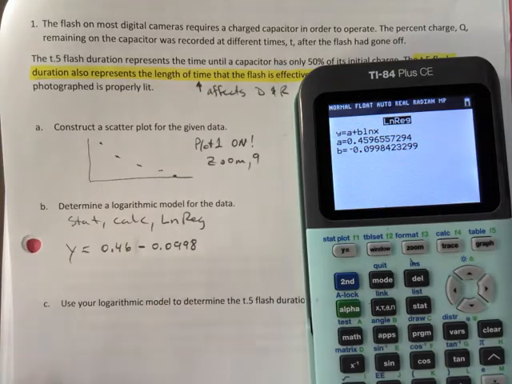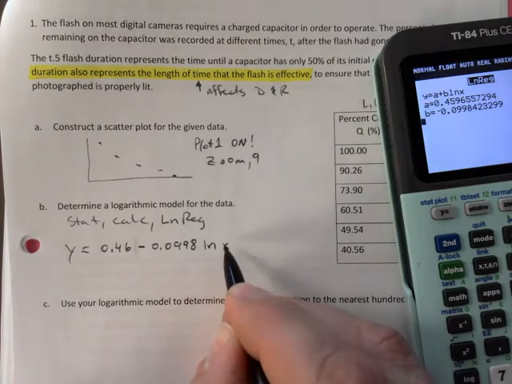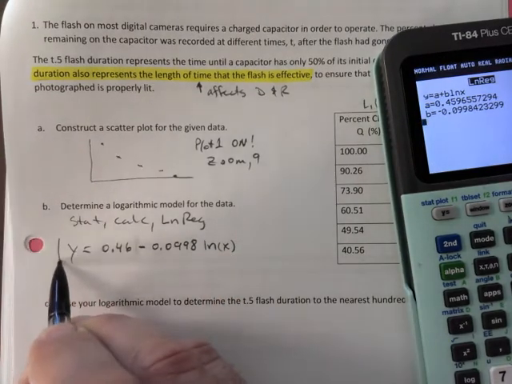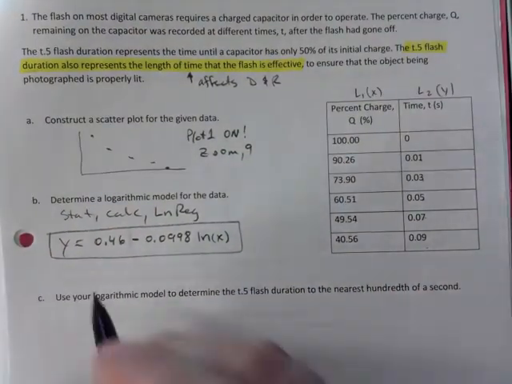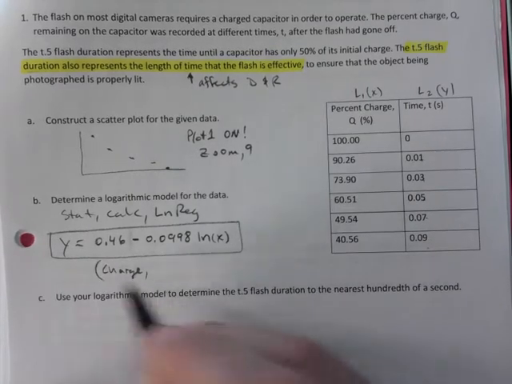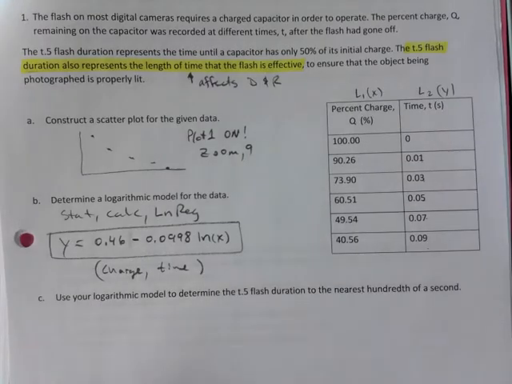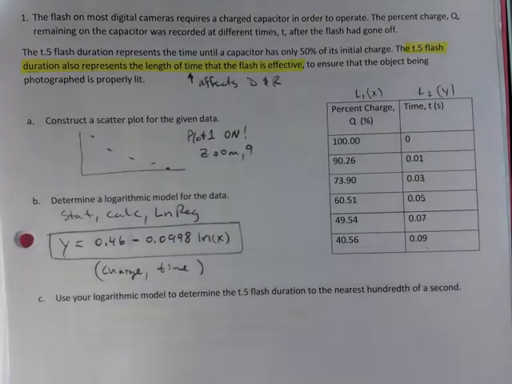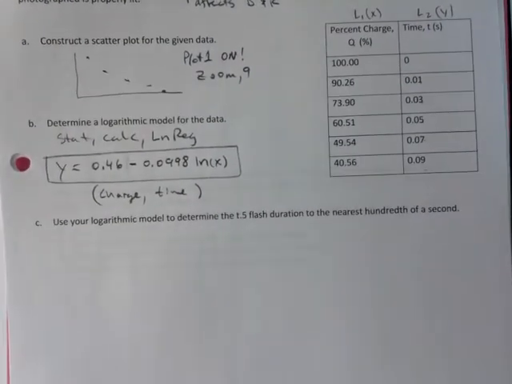I'm going to use 0.0998 so I don't have to round it to 1. And then it's ln x like that. I will note that charge is my x and time is my y. Remember that? We won't trick you when you're given a table: the first variable is always x.